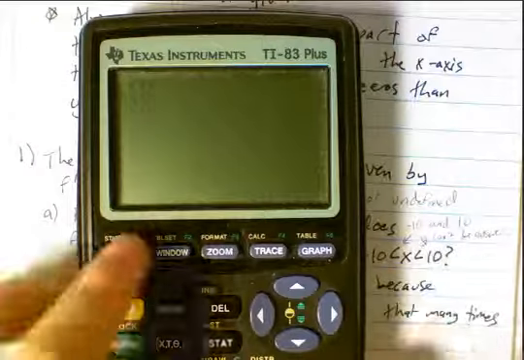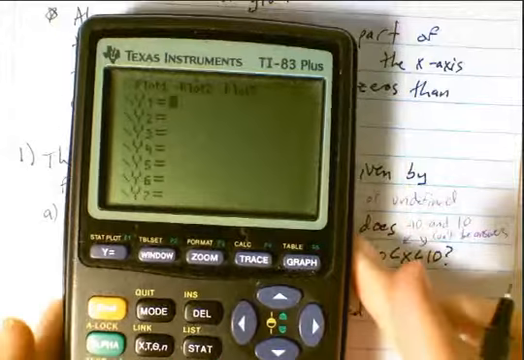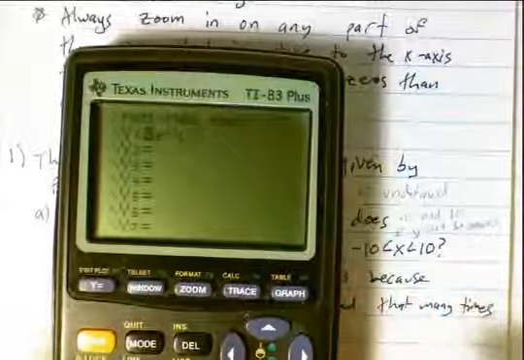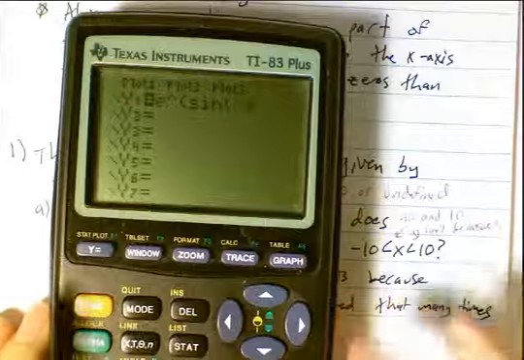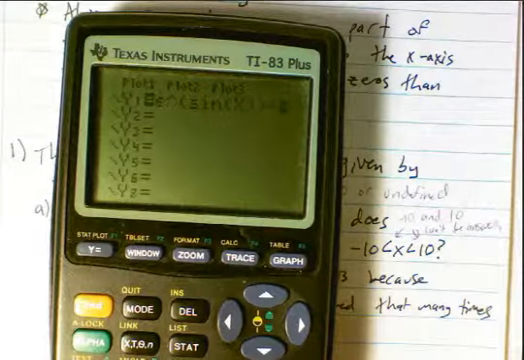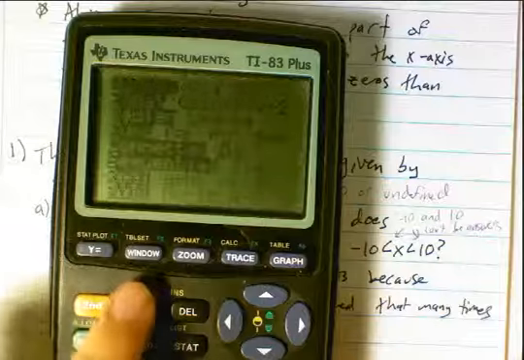We're going to go over to y equals and then we're going to enter in e, so that's second, and then the natural log button. Sine is right here. X is our variable there. Minus 2. Make sure you're in radian, so hit mode.